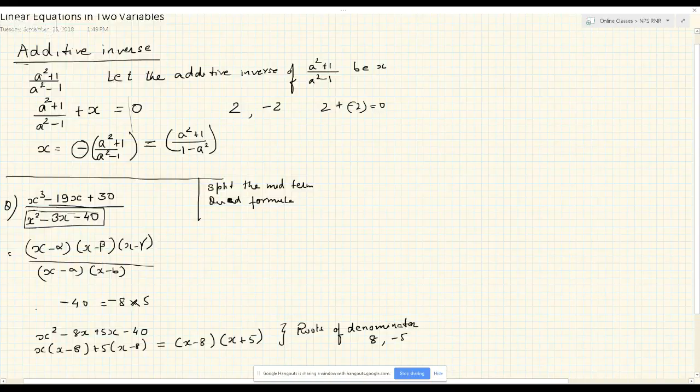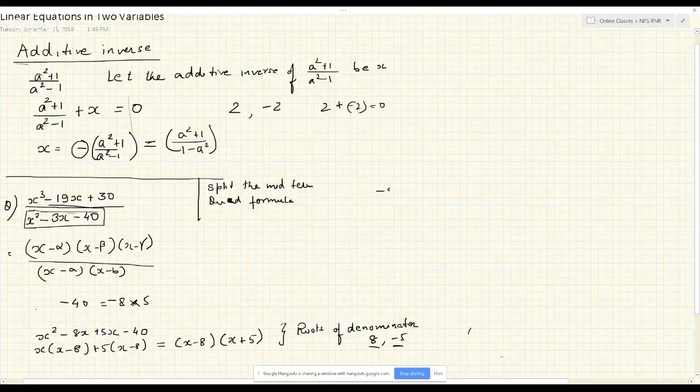If either 8 or minus 5 is a root of the numerator, then by the factor theorem f of that root must be 0. So let's put minus 5 in the numerator.